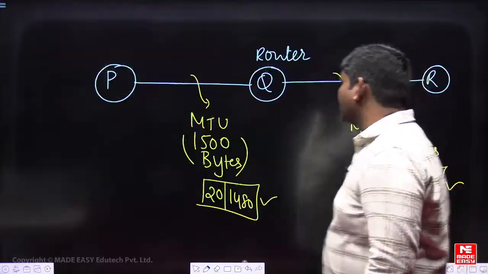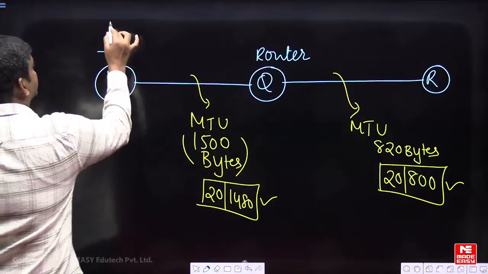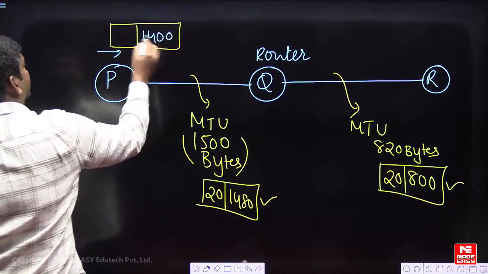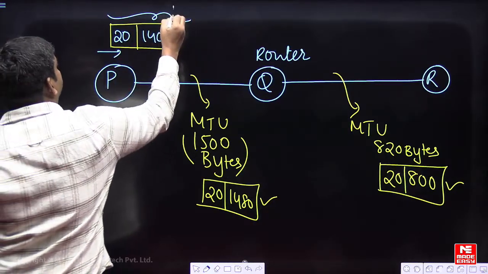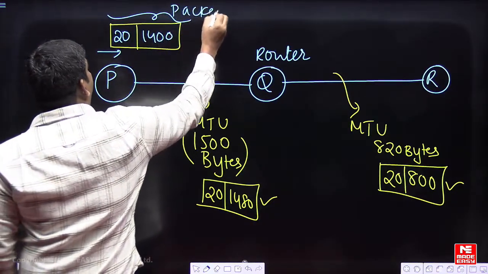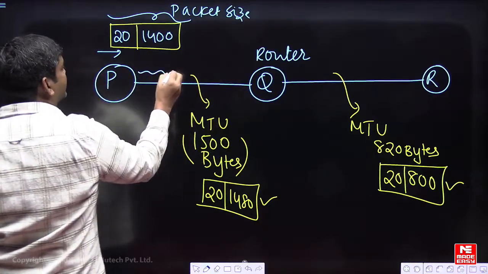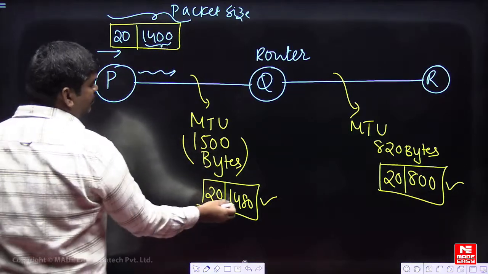The TCP data is 1400 and the IP header is 20 bytes. Totally this is the packet size which you are transmitting from the source. Once this packet passes via this link, the packet is 1400, MTU is 1480.